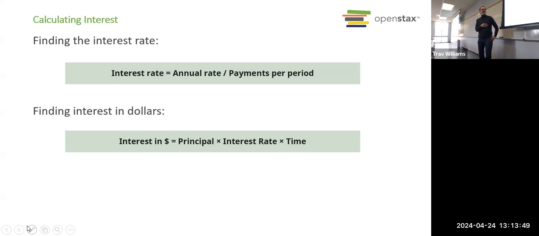Which would equal 4% per year. We also talked about calculating the amount of the interest payment. That's the principal times the interest rate, and then times the number of months that you're collecting interest for, divided by 12.